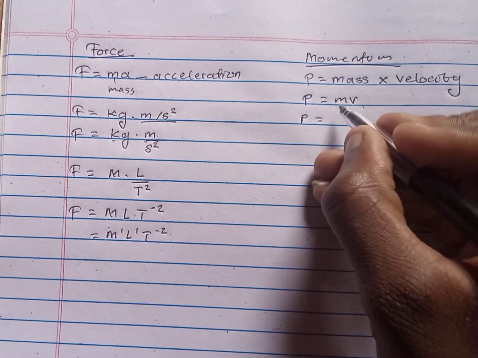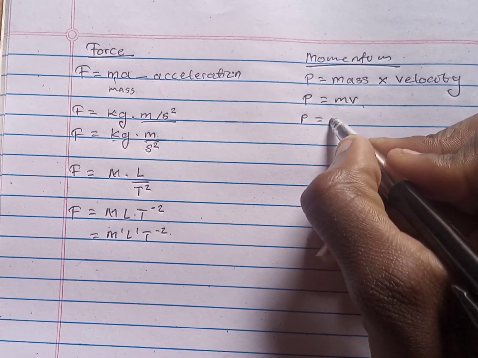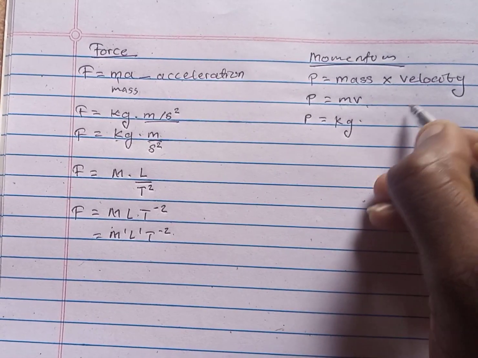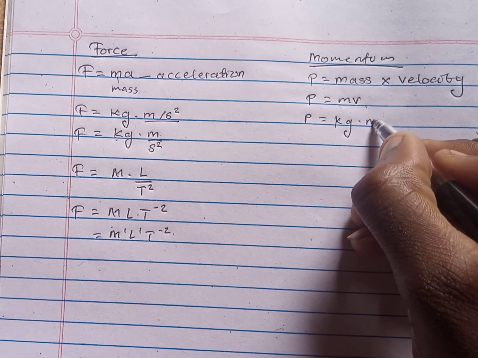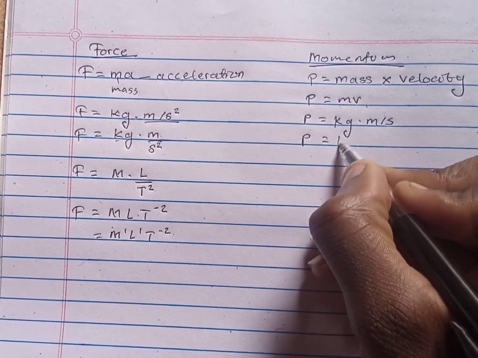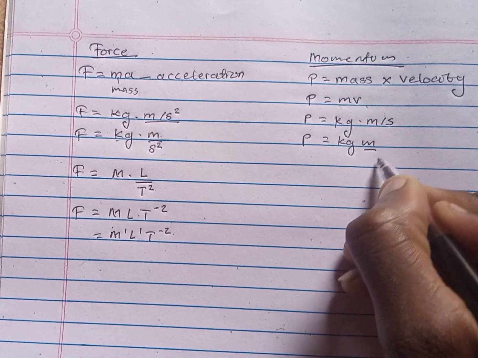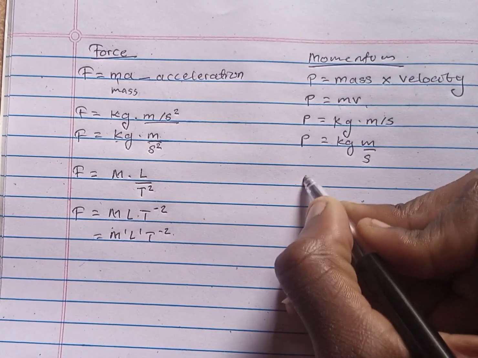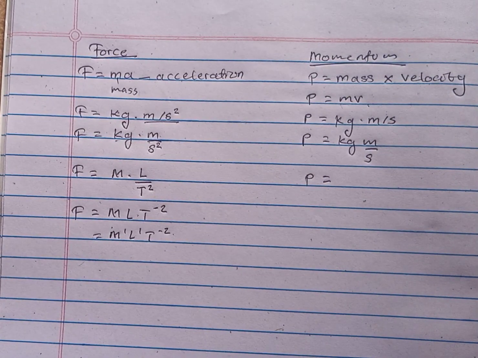Mass has the SI unit kilogram, velocity has the SI unit meter per second. Momentum is equal to kilogram meter over second. So now in this step, we're going to write the dimensions instead of the SI unit.